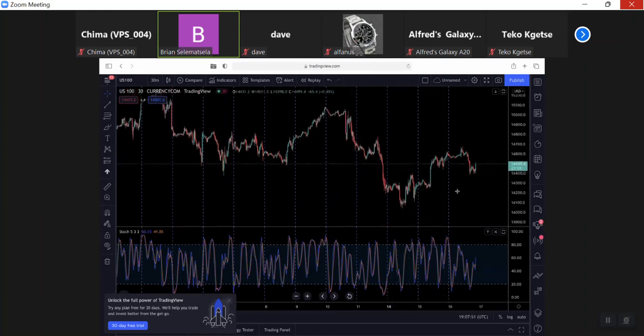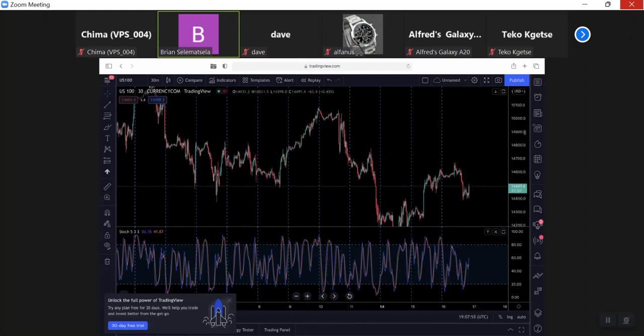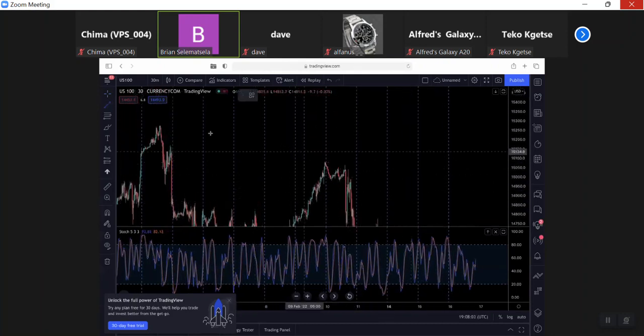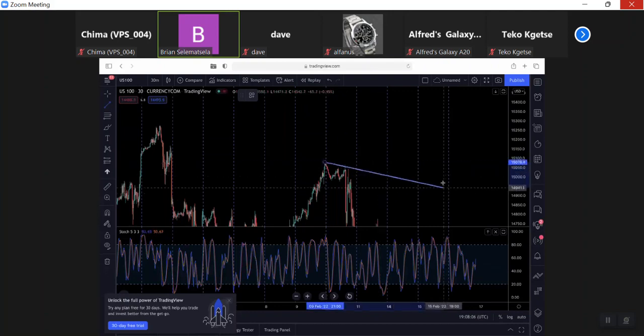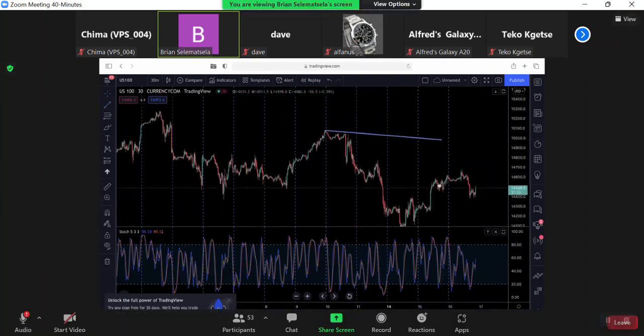So with NASDAQ in the past few days, there was a full footprint that formed.